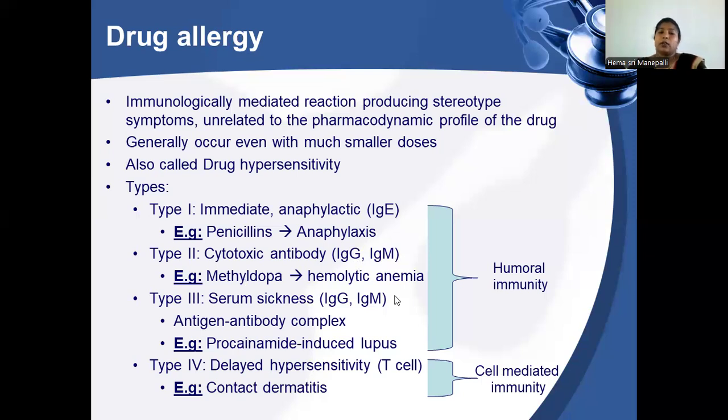Example, methyldopa causes hemolytic anemia. The third one is serum sickness, IgG and IgM, with the presence of antigen-antibody complex, such as procainamide-induced lupus. These 3 come under humoral immunity, and type 4 is delayed hypersensitivity mediated by T cells. Example, contact dermatitis.